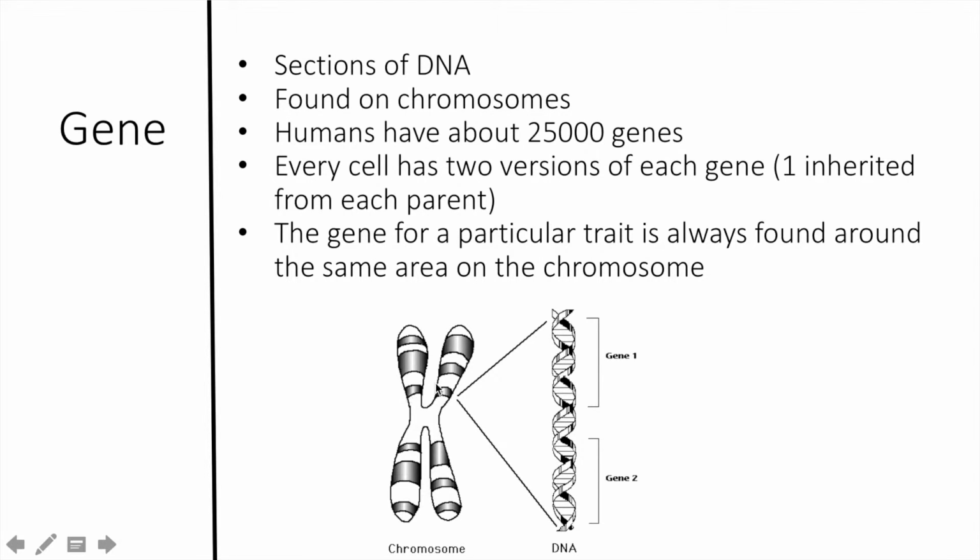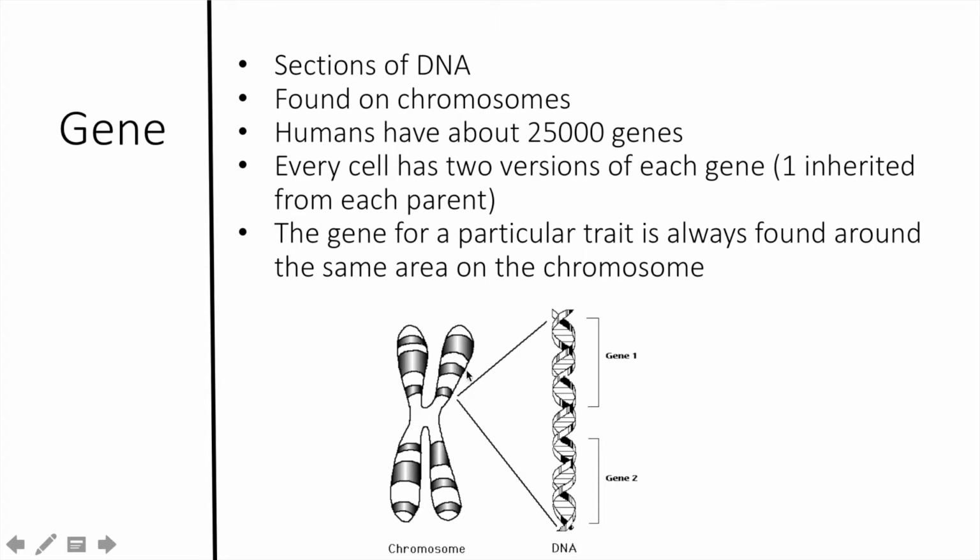So notice here you see these little bars, and within here there are sections of the DNA which has a particular trait. For example, maybe this is where your eye color would be found, or this might be even part of what dictates how tall you are.